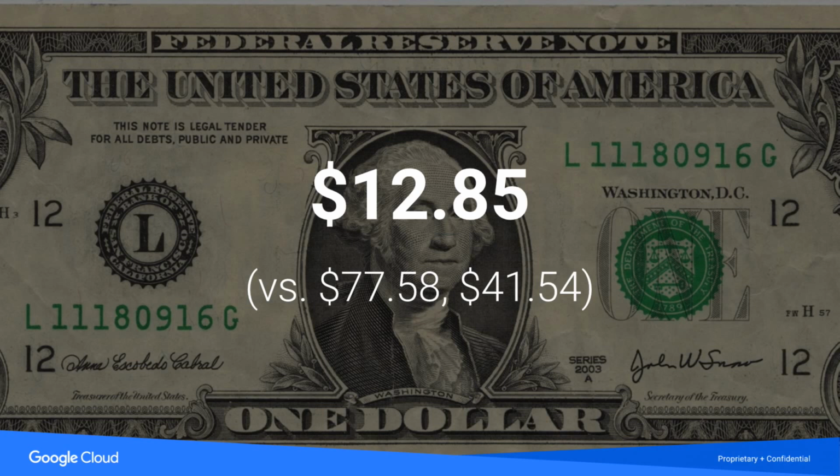And for example, if I use this cluster only for 10 minutes, the total money I would be paying is just $12.85. This is the price compared to other cloud vendors like EMR or even HDInsight. You can see there is a substantially lower cost when you actually use a Dataproc cluster.